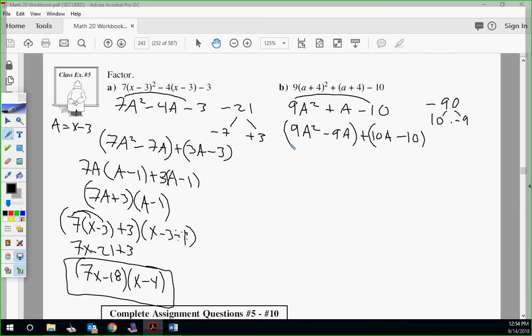Let's pull a 9a out. Pull a 10 out. They match, we're happy. And I will wait for you after this here. So everybody's caught up so that we can put the a back in.